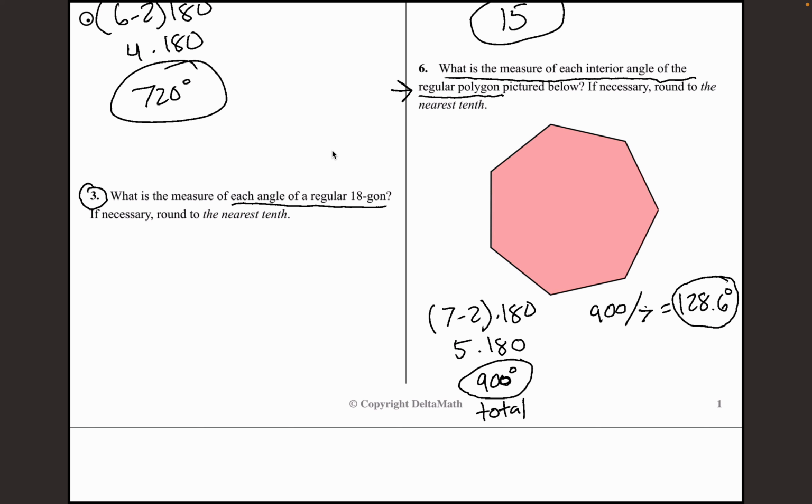All right, let's look at this one. What is the measure of each angle of a regular 18-gon? How do I find the sum of the angles?